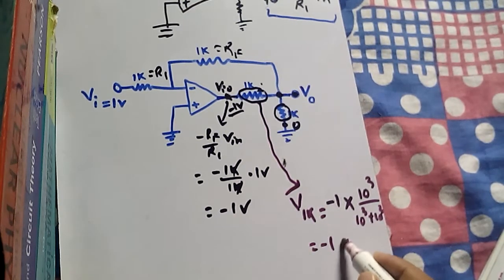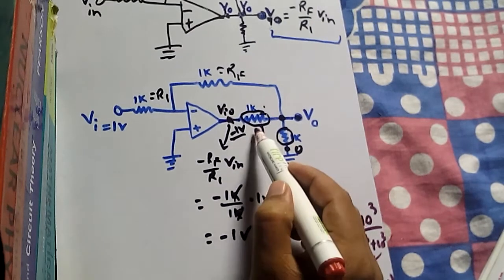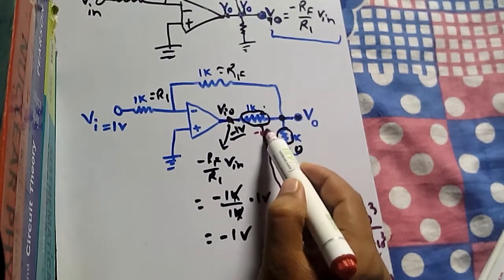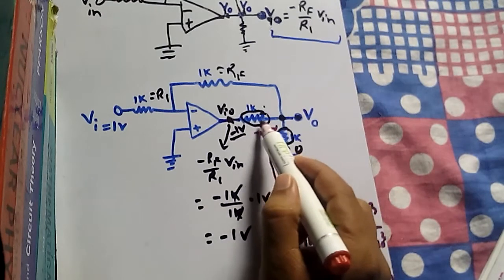It is minus 1 into 10 to the power 3 by 10 to the power 3, taking common, 1 plus 1, minus 1 into 1 by 2, that means minus 0.5. So minus 0.5 volt drops across this resistor.